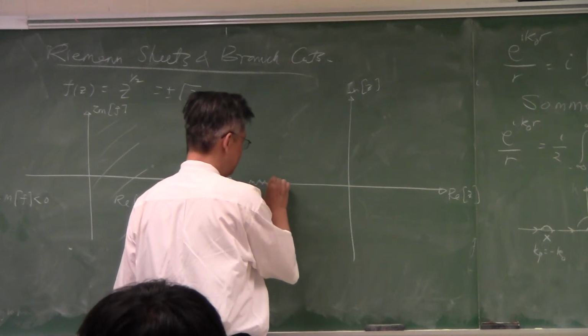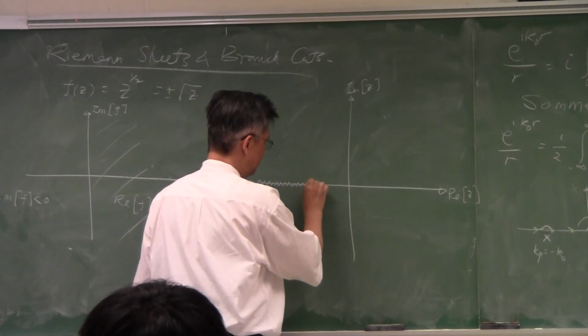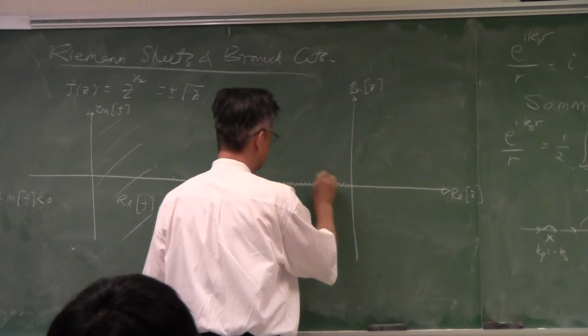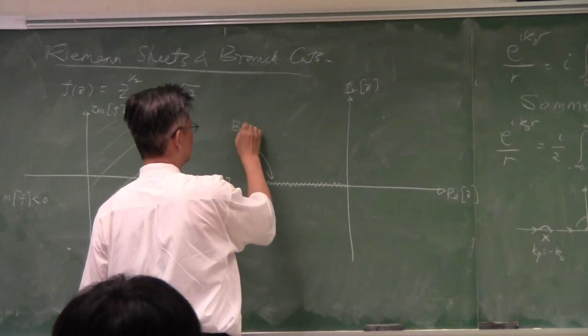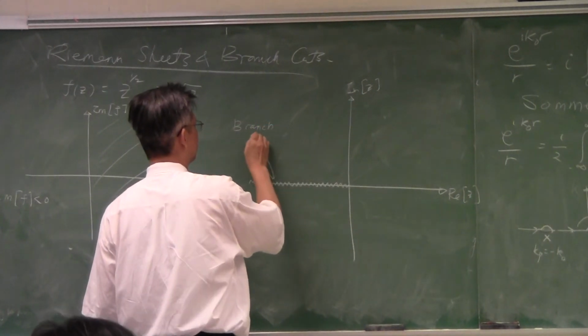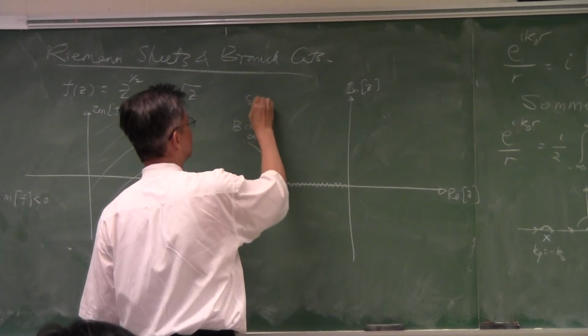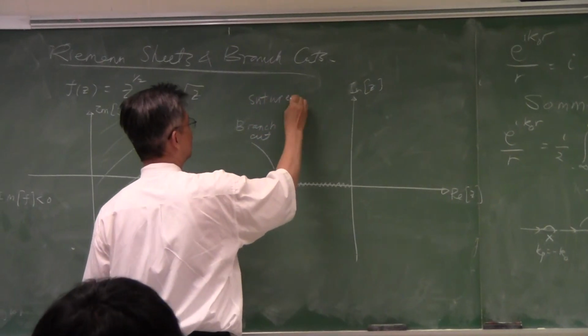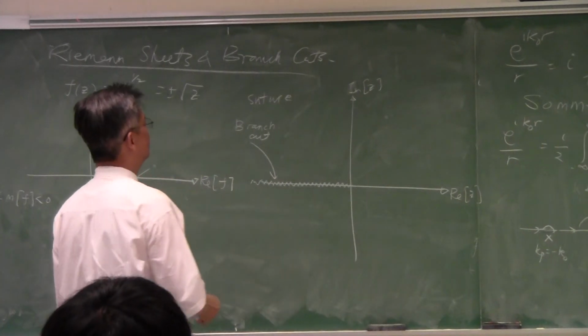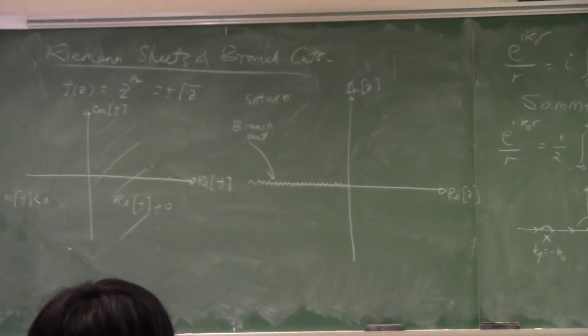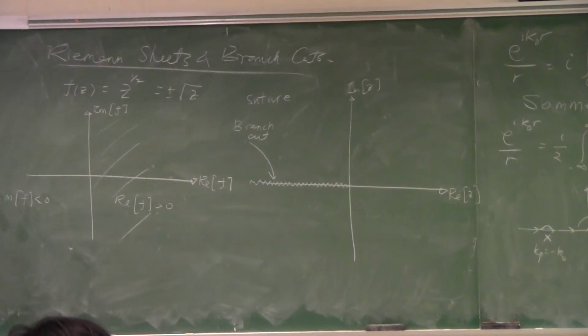And then you introduce a suture or a branch cut. It looks like a surgical suture. I guess in English we call it a suture, which is a surgical thing. You sew things up with it.